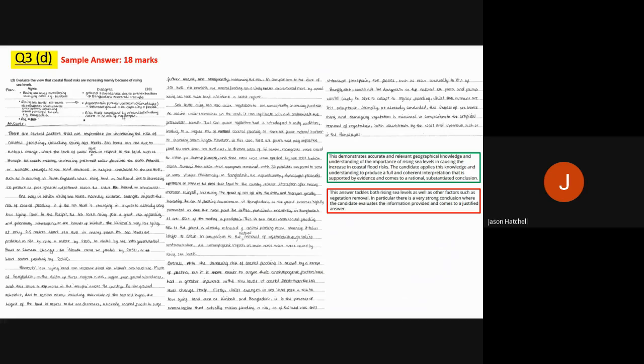Important to say, the candidate is not saying that rising sea levels are not increasing flood risk. They are, but she's saying, or he's saying, that increasing flood risk is also caused by humans.